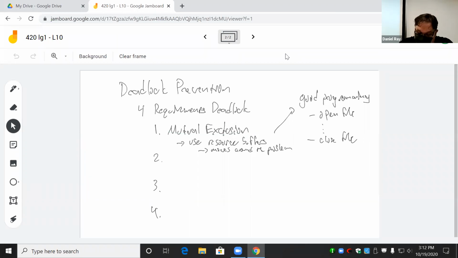Let's keep going. What about the second one, which is we have to be doing hold and wait, in order to have deadlock. Okay, how can we get rid of hold and wait? What kind of thing can we do?